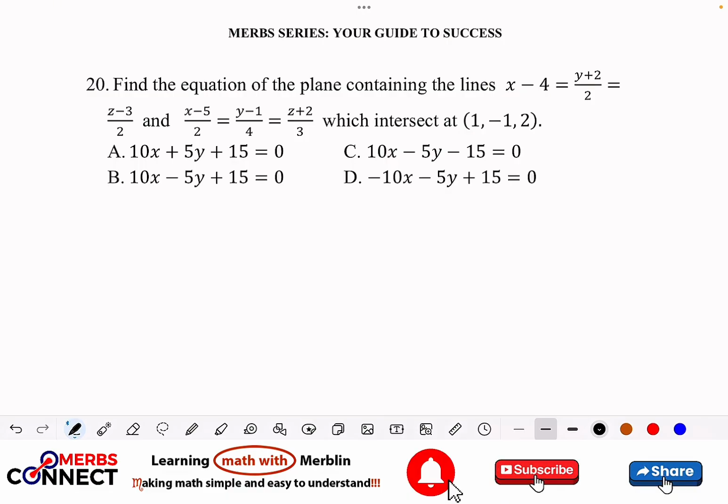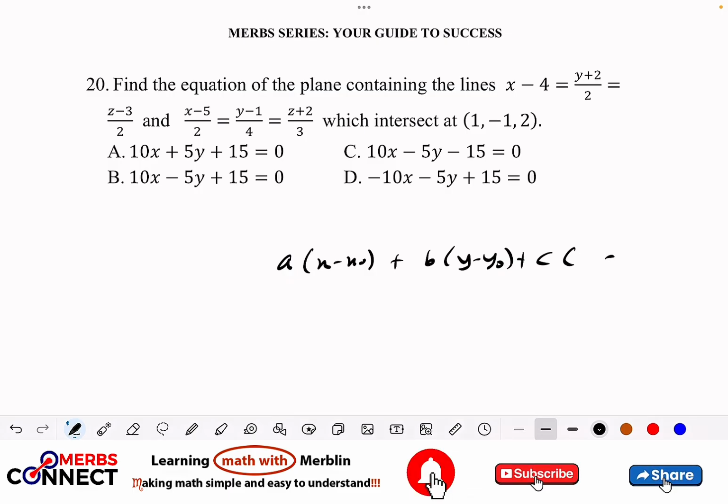Last question. So the last question is asking us to find the equation of the plane containing this and then intersection at this. So here is a(x minus x naught) plus b(y minus y naught) plus c(z minus z naught) is equal to 0.